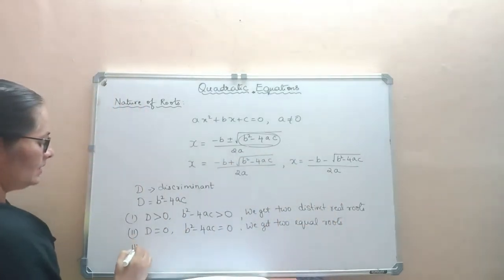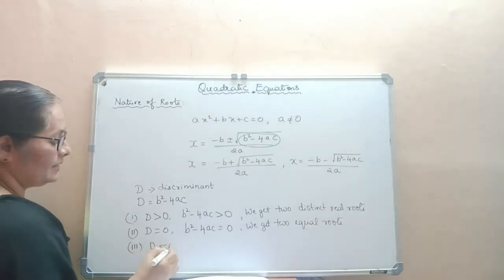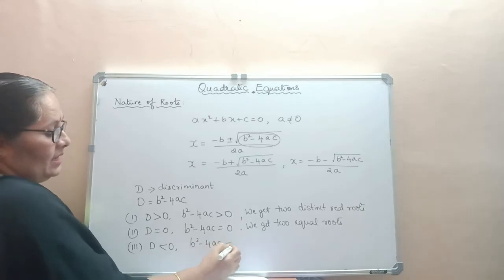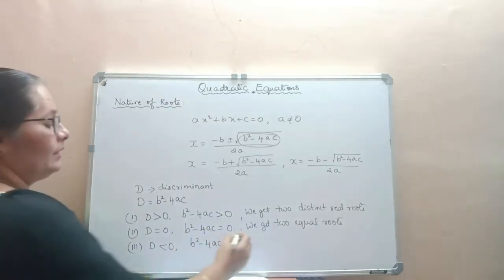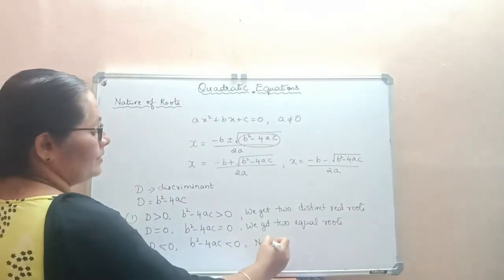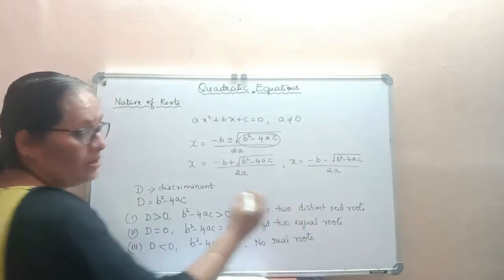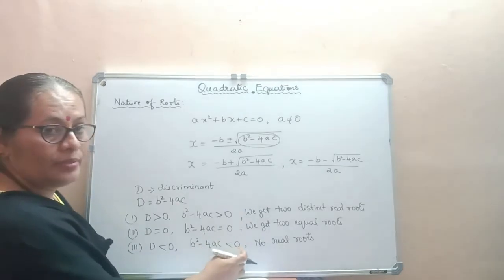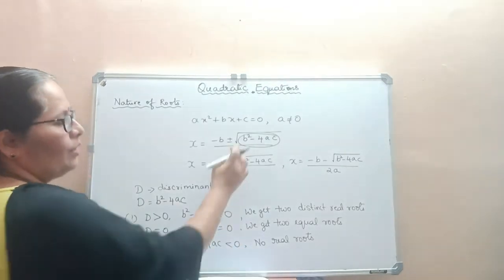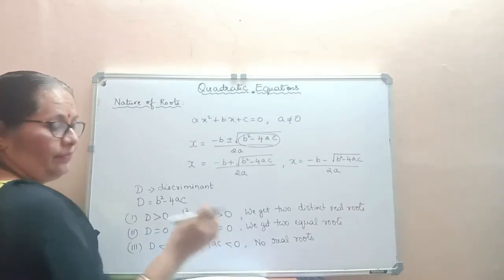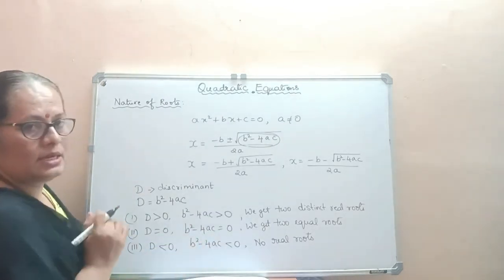When the discriminant is less than 0, that means b square minus 4ac is less than 0, then no real roots. Roots do not exist. Less than 0 means what? It will be negative. The root of a negative number is imaginary. So you cannot find the roots of such equations.